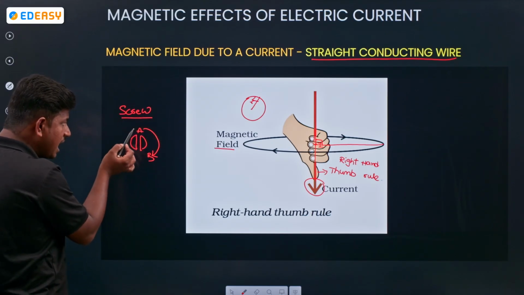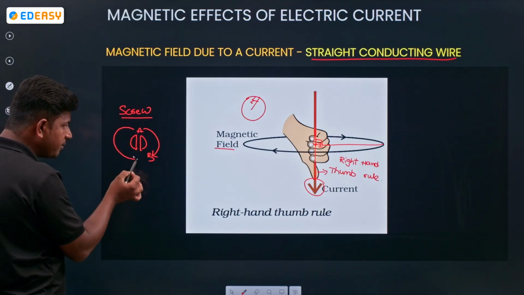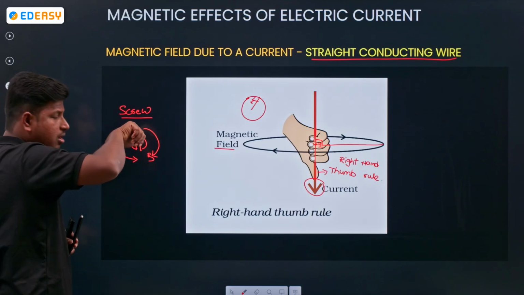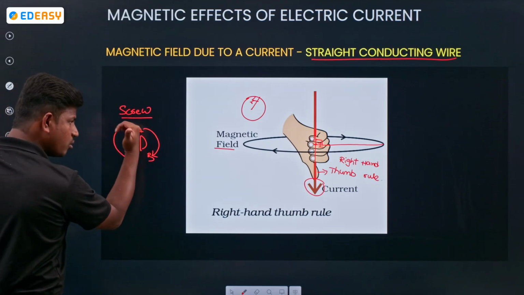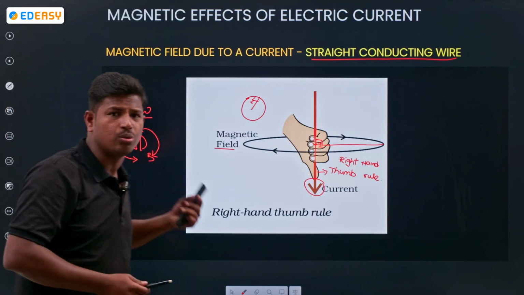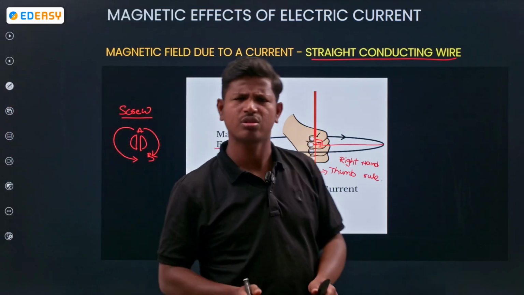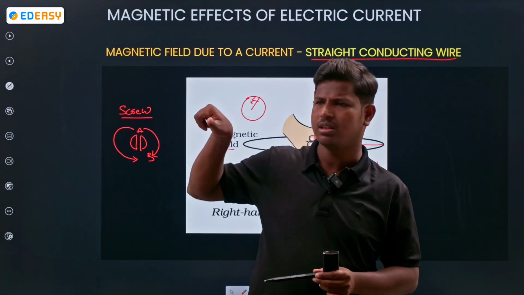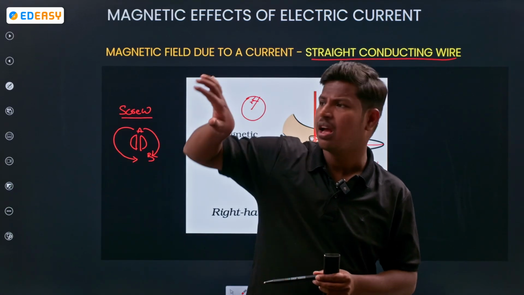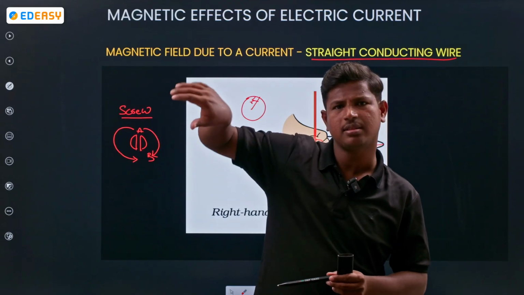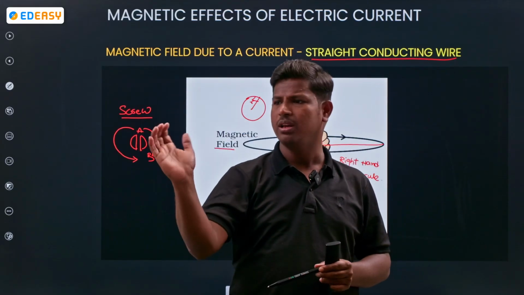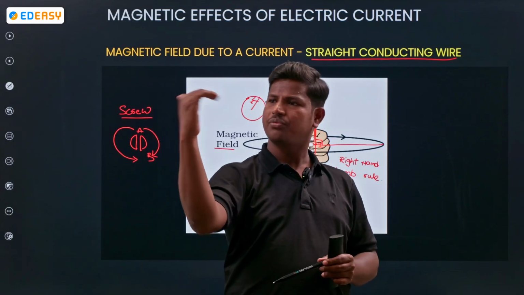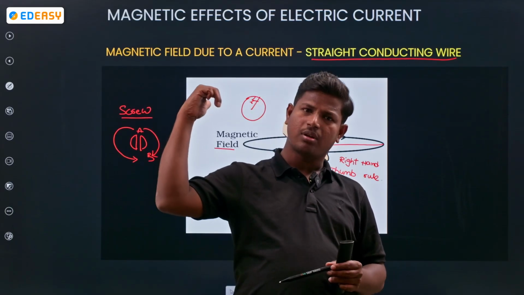If I turn anti-clockwise, the screw comes outside. So remember, the right hand thumb rule and the screw rule are both the same. Screw going inside means that is the direction of the current, and the magnetic field is like this. If the screw is outside, how will it be? Now the screw has to be turned to the left side, and it comes out.